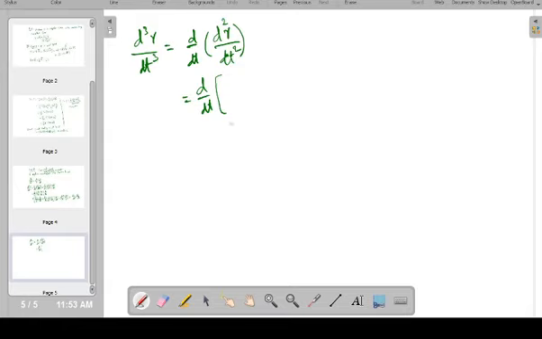So d by dt of ds by dt the whole square into d square gamma by ds square plus d square s by dt square into d gamma by ds.